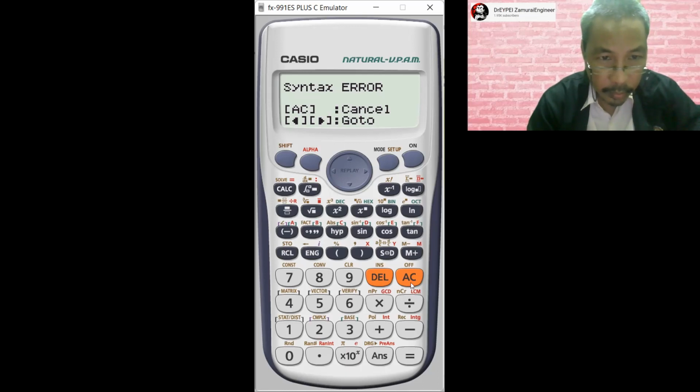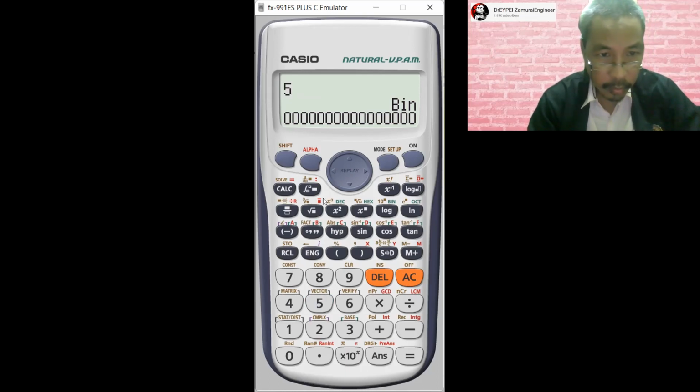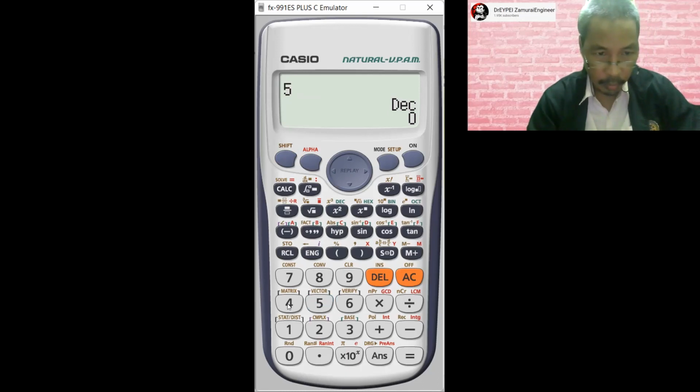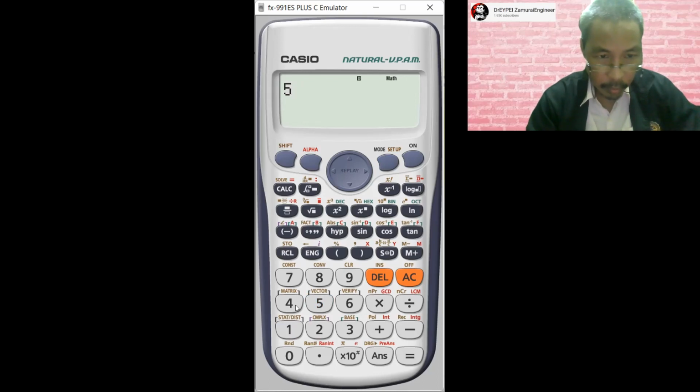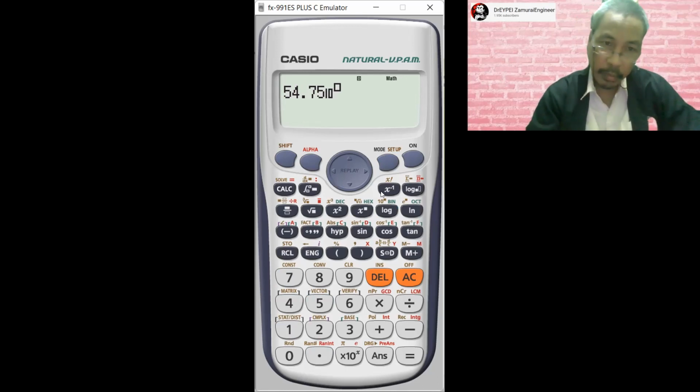Ito muna tayo. 54 times, wala siyang quad. Okay, let's return to normal. So 54.75. Hindi ba ito rito? So, magbe-base 10 siya.